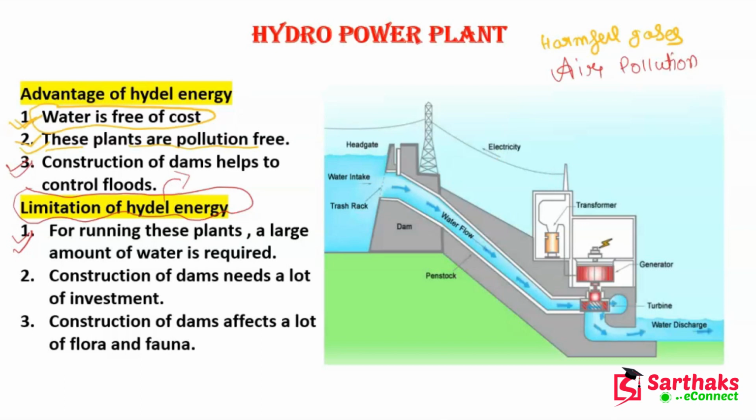We cannot use a small amount of water, because if the water is less, the turbine cannot be rotated. So to rotate the turbine, we need to give it a high amount of water. I hope guys this point is again clear to you.